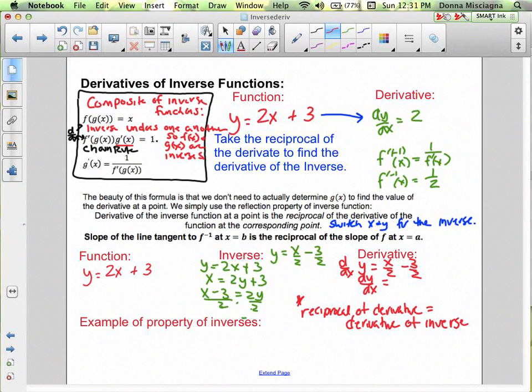And the derivative of x over 2 minus 3/2, or x halves, is going to be 1/2. And notice that's the very same thing we got when we used that property. So the reciprocal of the derivative is the derivative of the inverse, right? Something to remember. And then at the bottom here, just an example property of the inverse. I'm just actually demonstrating this up here.